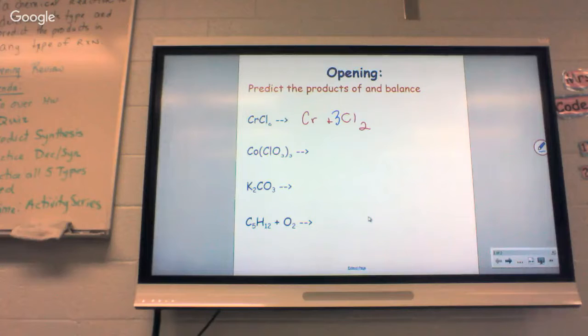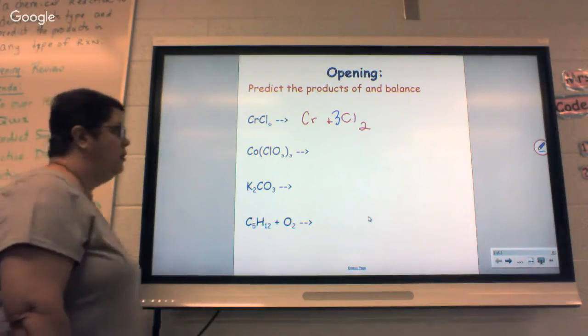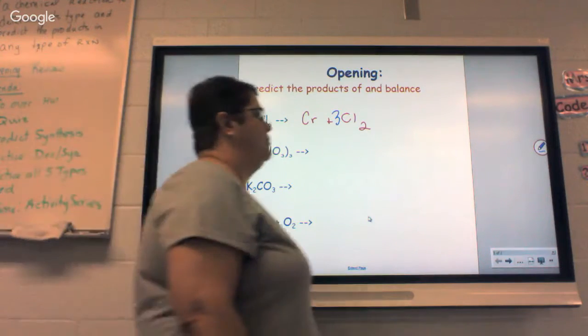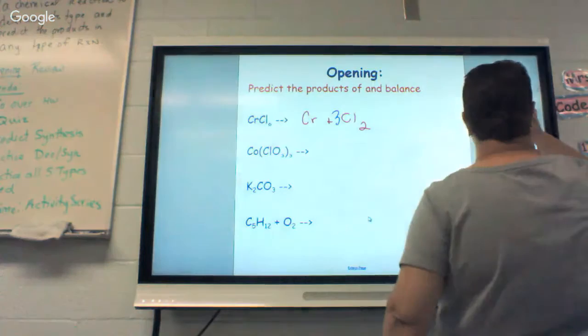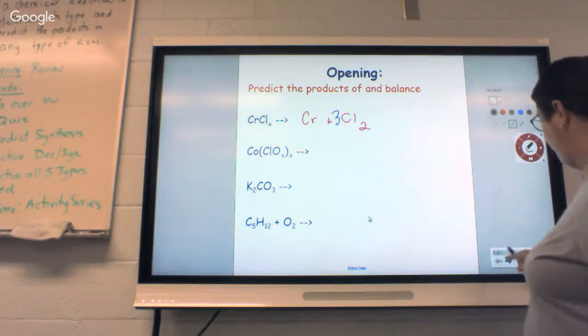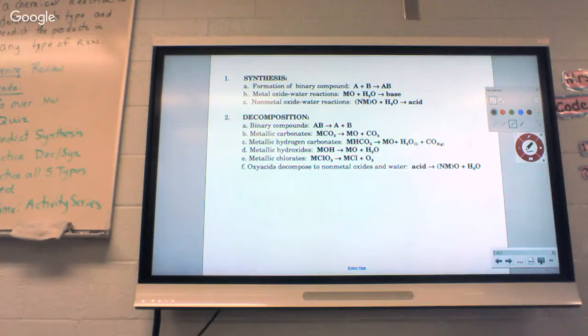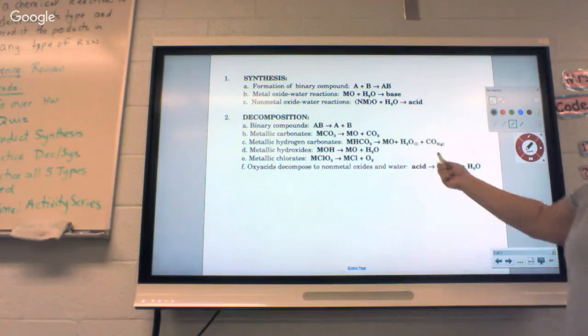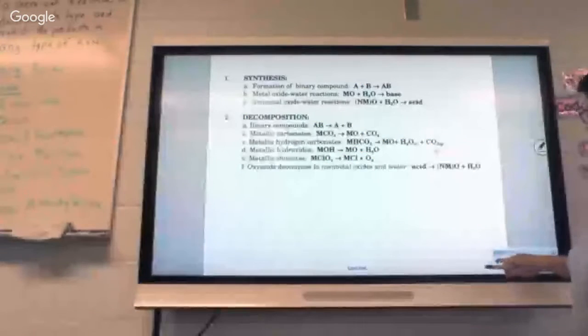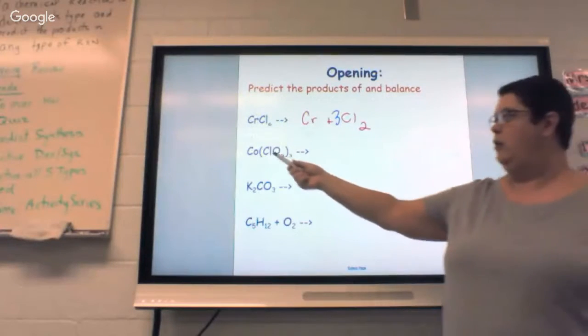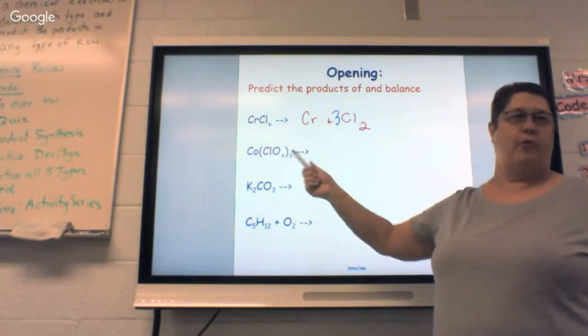Alright, so if we go to do this, how many capitals do we have? 3. So if we have 3 capitals, we have to use our reference table, right? This is the piece we added in yesterday. So looking at the composition on the reference table, which one of these looks like this formula here that has ClO3 in it?